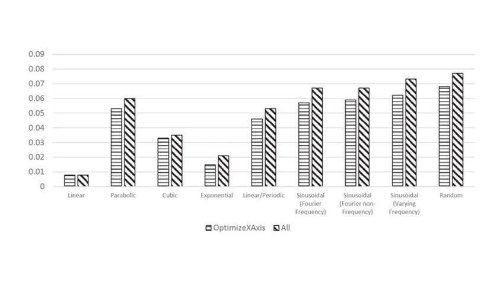We have nine bar graphs, and vertically we have values from 0, 0.01, 0.02, 0.03, and so on up to 0.09. From this bar graph, we can understand that the straight lines are about optimize x-axis and the cross lines are about all.